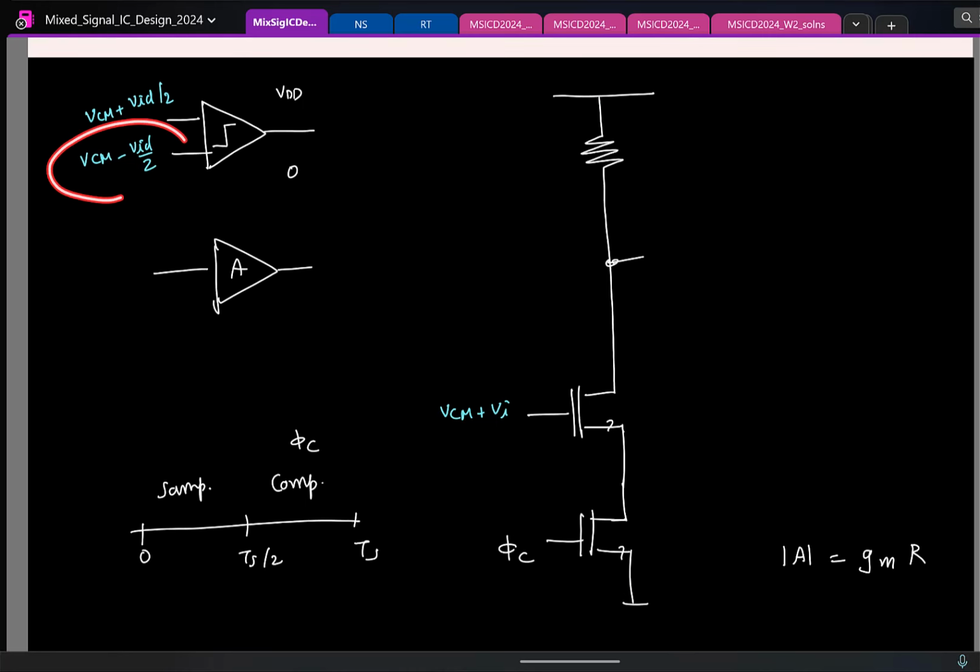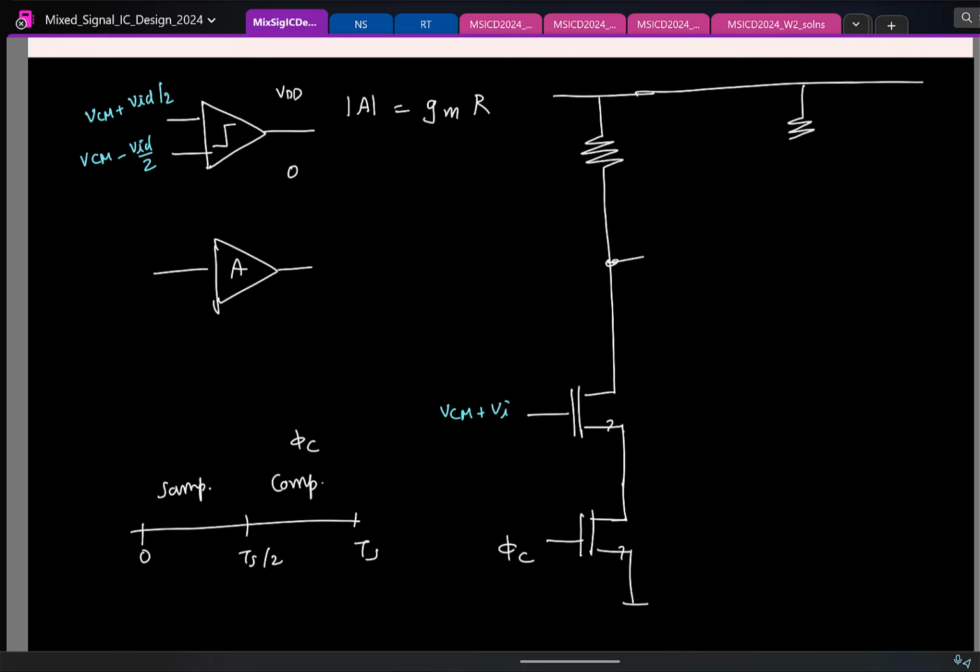I need to also make another circuit that takes in the negative input. So simple thing, I'll do a copy paste. Actually push it here somewhere. I'll have another circuit like this. Oops. That is taking the negative side. Fine. And that will also be clocked like this.